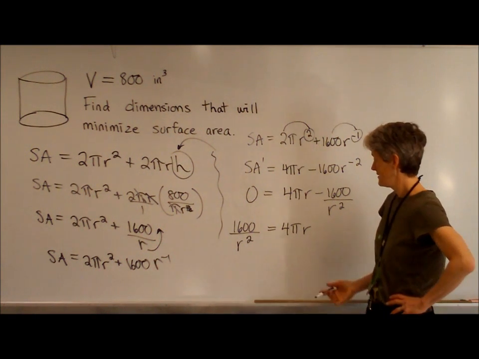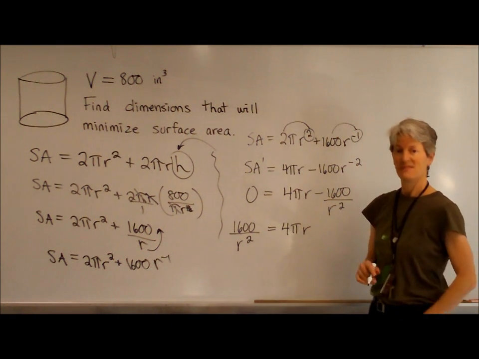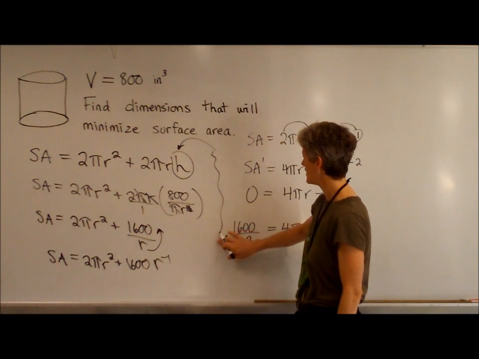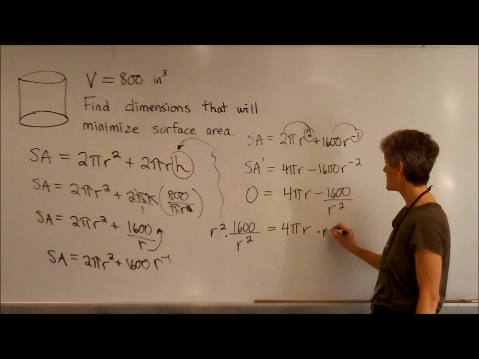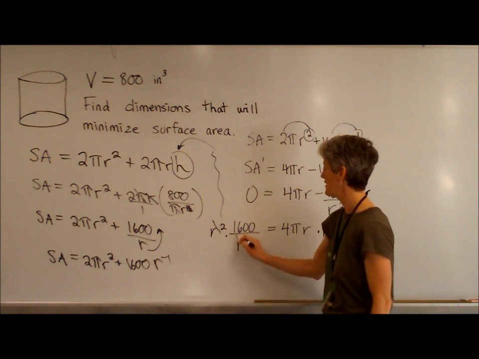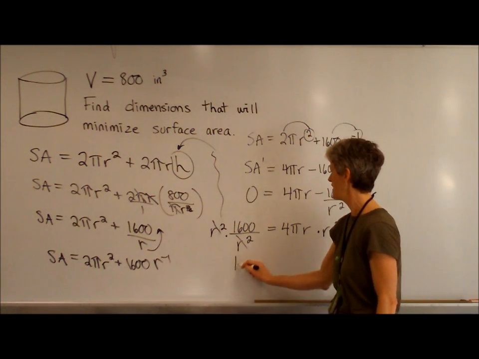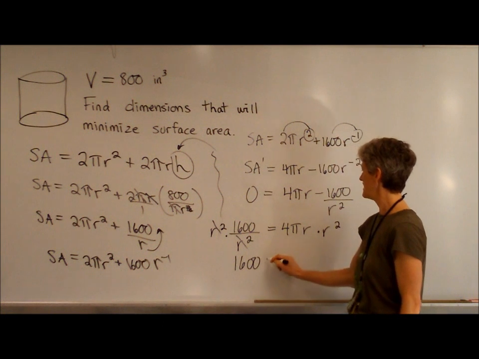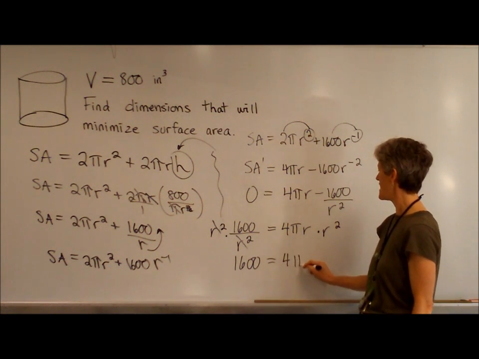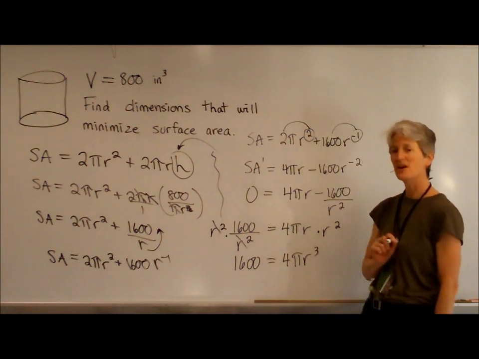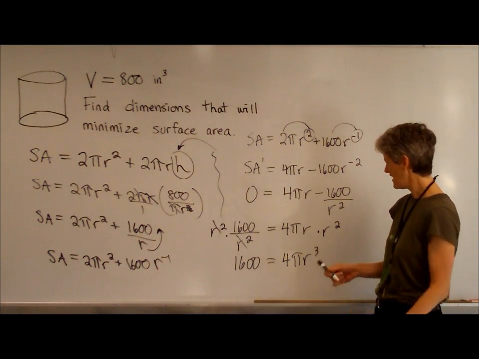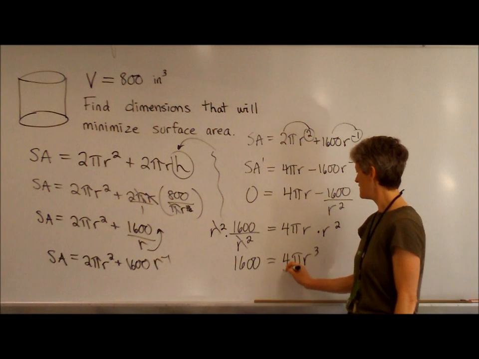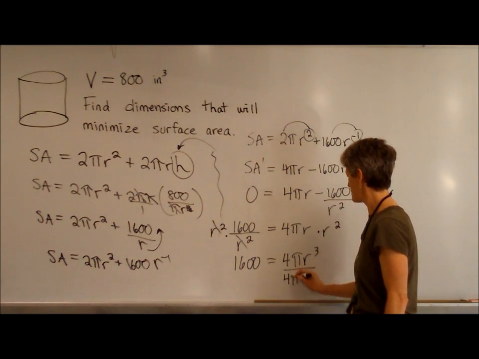I think you could multiply both sides by r squared. That sounds good. Whenever we have a fraction, you can always get rid of the fraction by just multiplying both sides by that denominator. Goodbye, denominator. Here we have 1600, 4 pi r to the third. Don't be intimidated by that r to the third. We can handle that. Let's get it by itself. Let's divide by 4 pi.